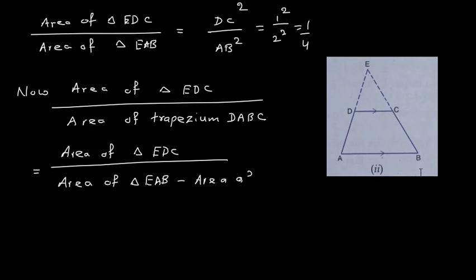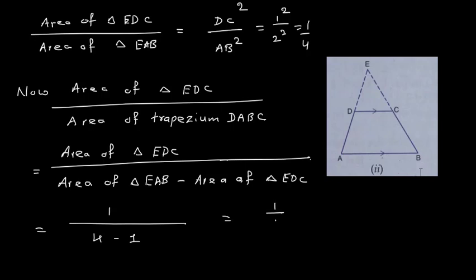So this numerator, area of triangle EDC, if I take as 1, so this EAB will become 4, minus this 1. So it is 1 divided by 4 minus 1, which is 3. So this is your answer. Area of triangle EDC upon area of trapezium DABC is 1 divided by 3. This is your answer.